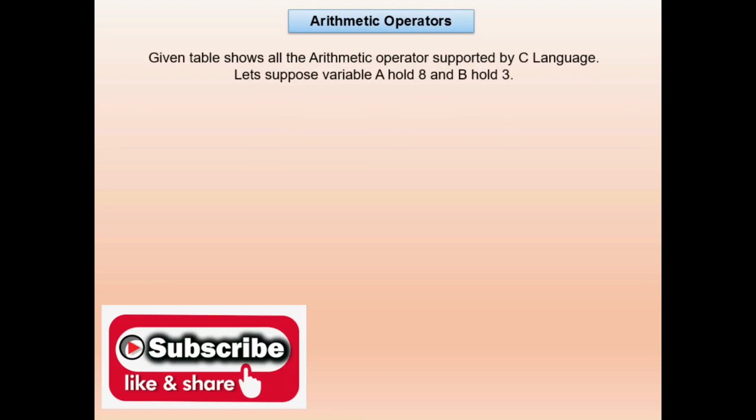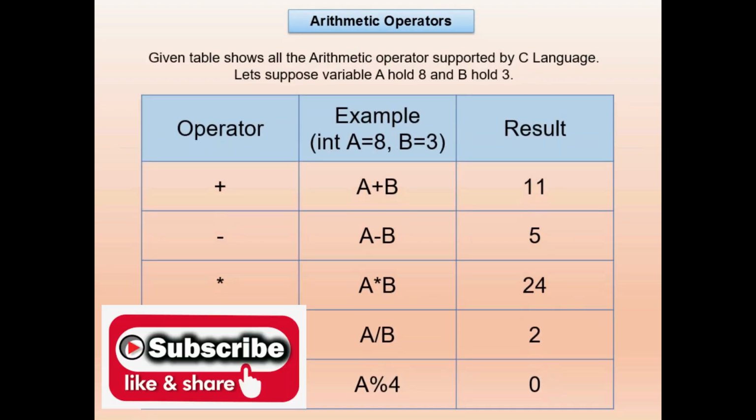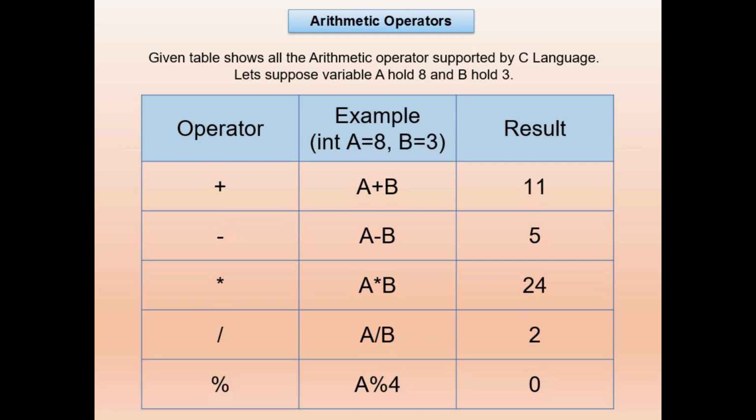Arithmetic operators. The given table shows all the arithmetic operators supported by the C++ language. Let's suppose variable a holds a value of 8 and variable b holds a value of 3. For the plus operator, for example a + b, the result will be 11.